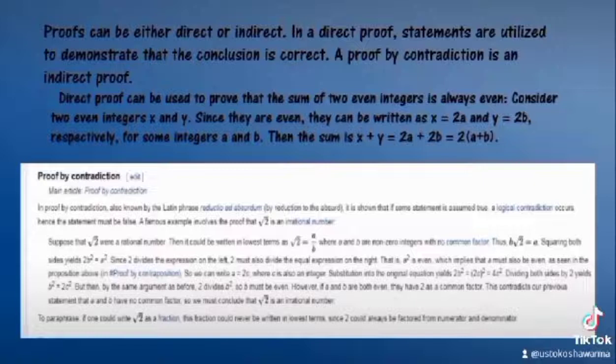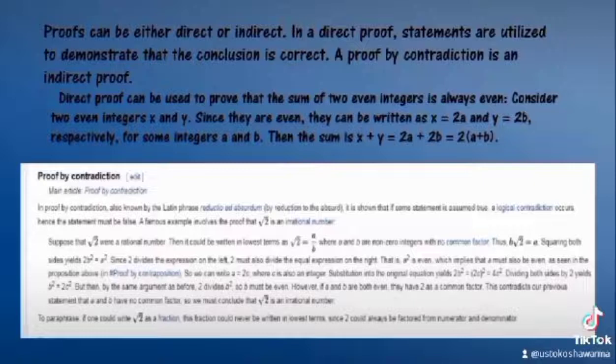Since 2 divides the expression on the left, 2 must also divide the equal expression on the right. That is, a squared is even, which implies that a must also be even, as seen in the proposition above. You didn't see any proposition.